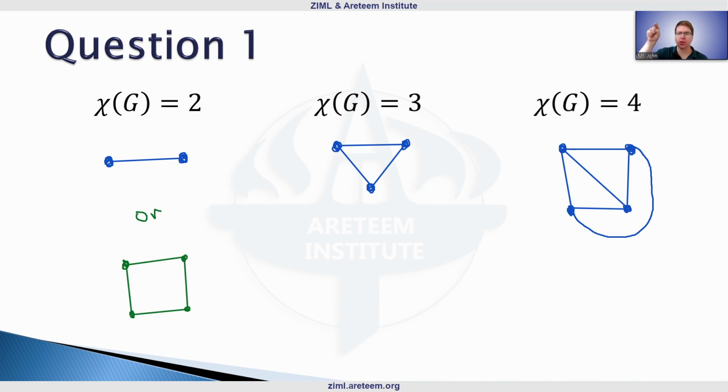You can alternate colors around that graph, red, blue, and it works out okay. So things like that are fine. You can do that type of stuff. There are different types of graphs that show up there.